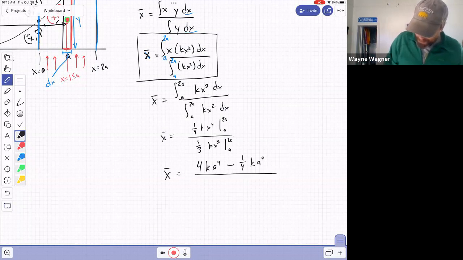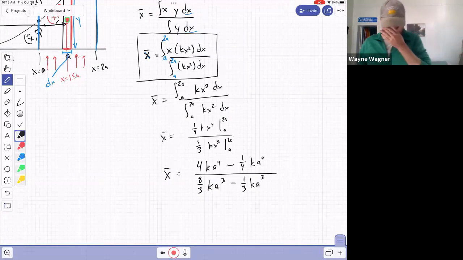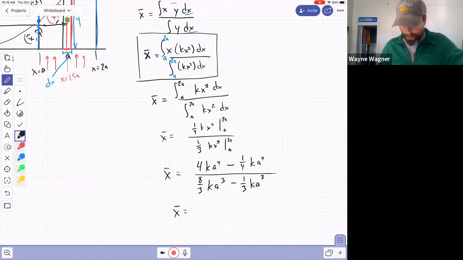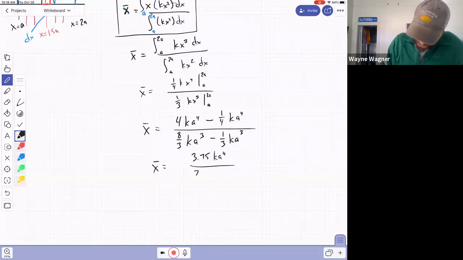And then on the bottom, we're going to get 8/3 k a cubed minus 1/3 k a cubed. So x bar equals whatever that is. 4 minus 1/4 is 3.75, so 3.75 k a to the 4th divided by, on the bottom, 7/3 k a cubed.